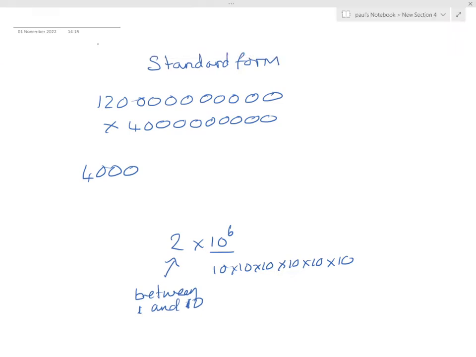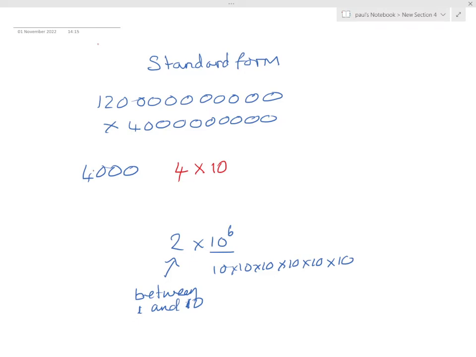So how do we go about transferring this 4,000 into a standard form number? Well, we know the first number in a standard form number must be between 1 and 10. So therefore, this is going to be 4, and then it's going to be times 10 to the something. How many tens do we have to multiply the 4 by to get 4,000? Well, that would be 4 point nothing.